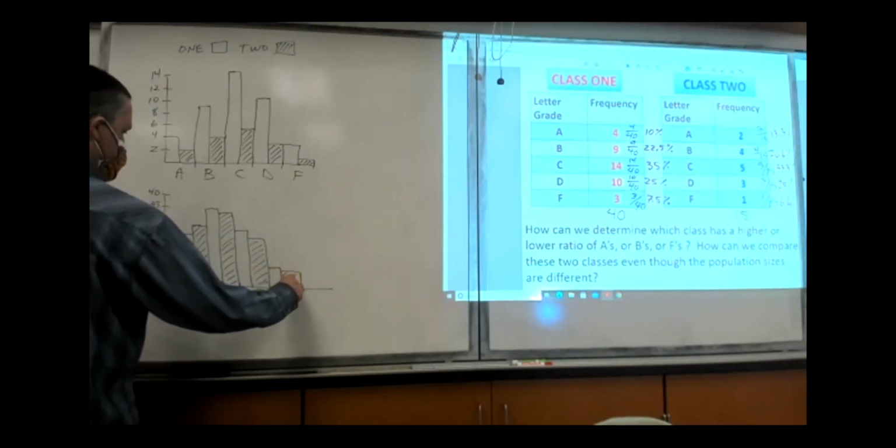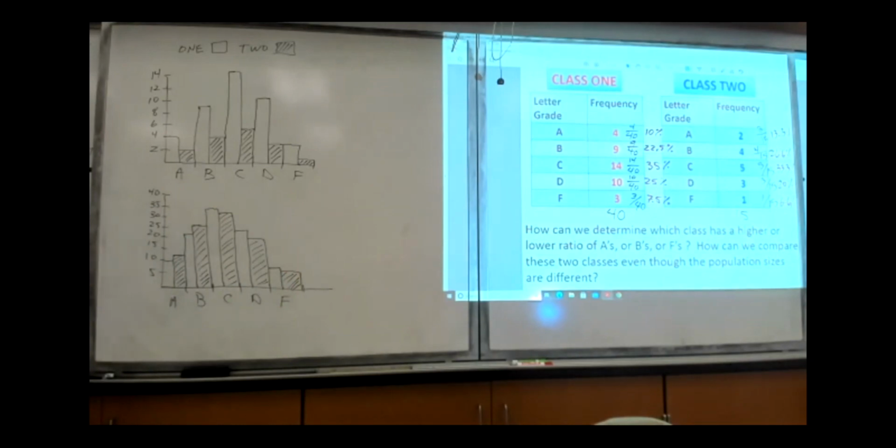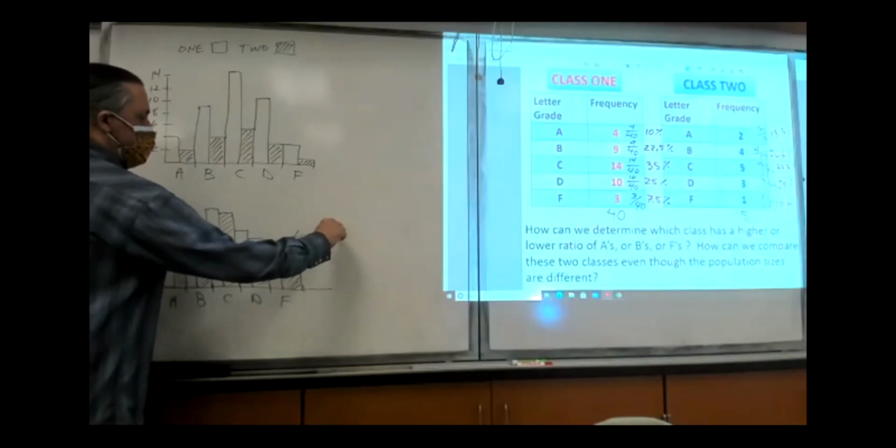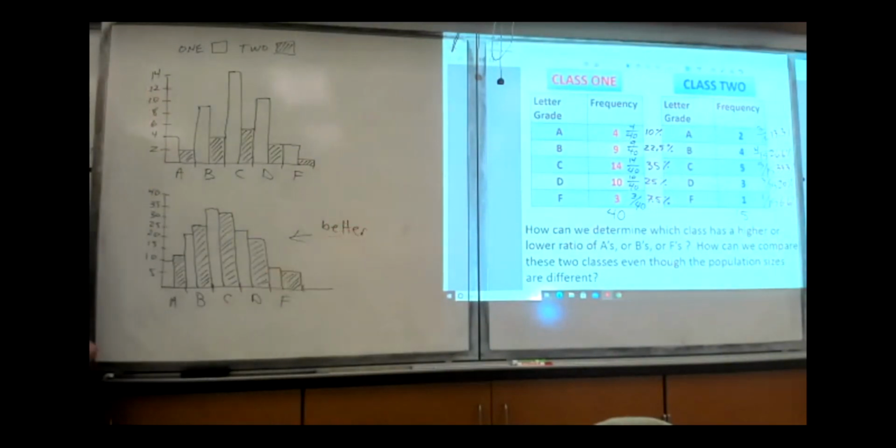And notice now the display is different. Okay, and this is a better way to compare the two classes. Just like we can't compare Switzerland with China until we divide by the populations so we can get it per capita, per person. Same thing here.